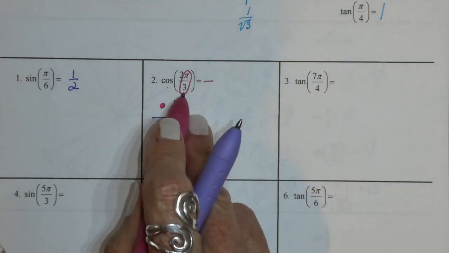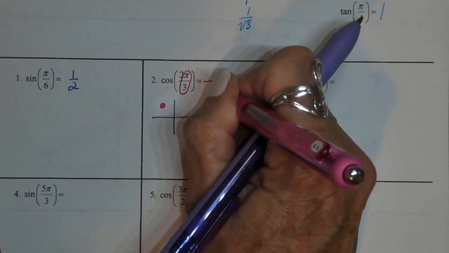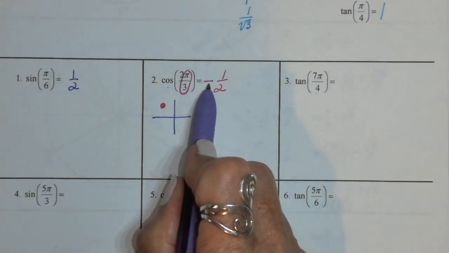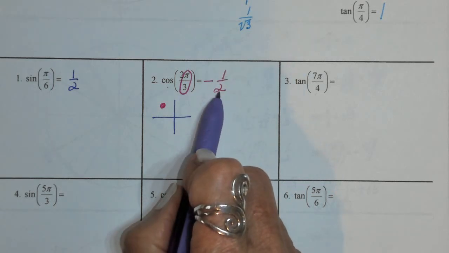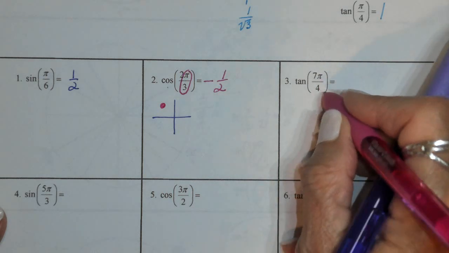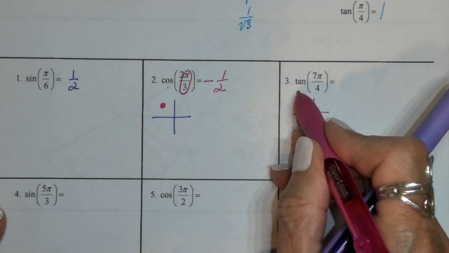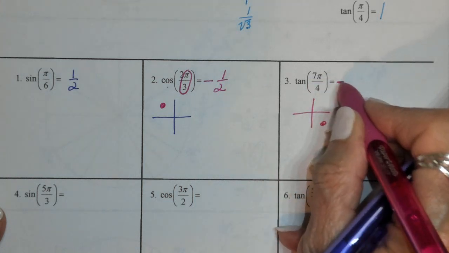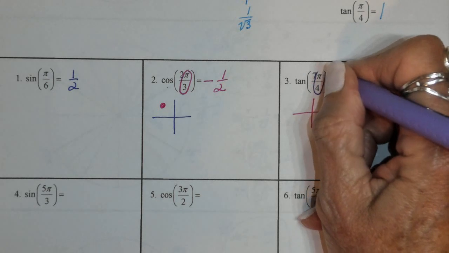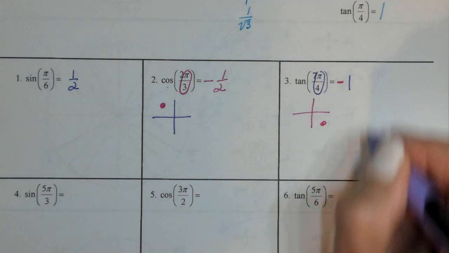Cosine of pi over 3 is a half. So, get the sign and then get the value. 7 pi over 4 is in quadrant 4, where tangent is negative. Now, the reference angle is a pi over 4. Tangent of every pi over 4, 1.